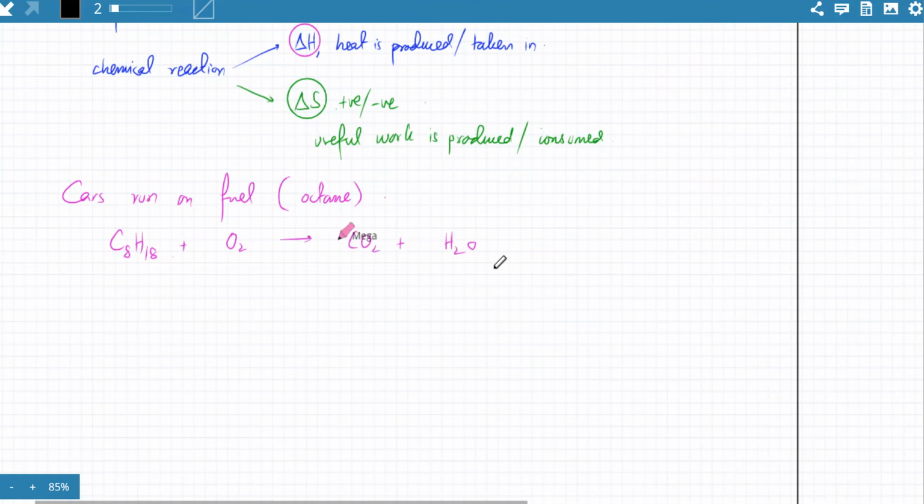There would be 8 CO2 molecules and 9 water molecules produced, and 25/2 oxygen molecules consumed in the reaction. So here is octane burning. You're burning petrol, and a lot of heat energy is produced.